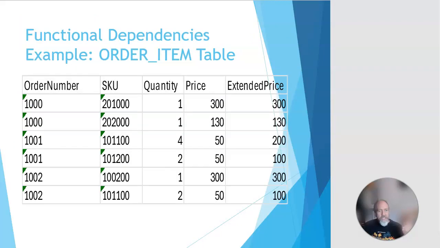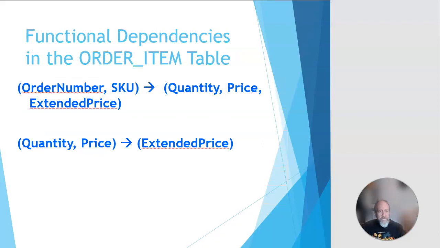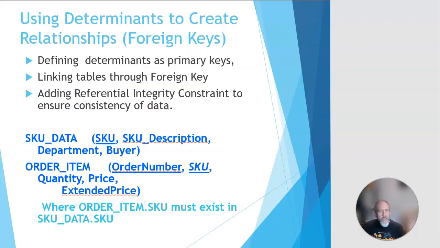No. Not really. I know it's a bad design because I've identified that I've got multiple functional dependencies in the same table. I would probably want to reorganize this table so that it doesn't have multiple functional dependencies.